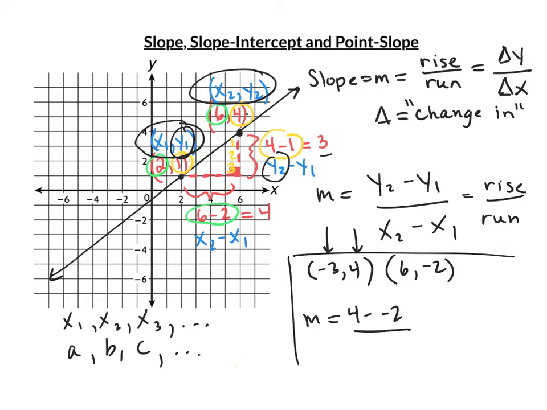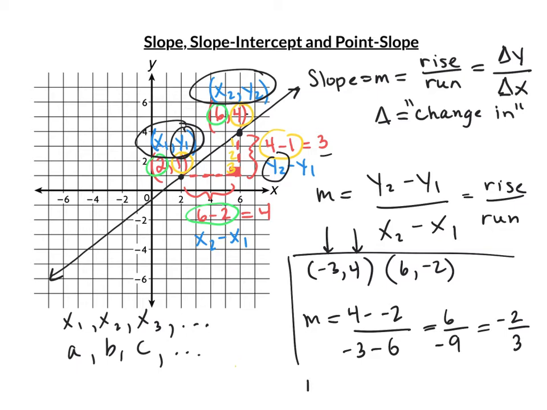So start with the same point above and below. Since I started with the 4, I'm starting with the negative 3 minus the other x, 6. Well, the double negative makes a positive, so 4 minus negative 2 is 6. Negative 3 minus 6 is negative 9, and those are both divisible by 3, and normally we move the negative up top, so when we divide that by 3, we get negative 2 over 3.